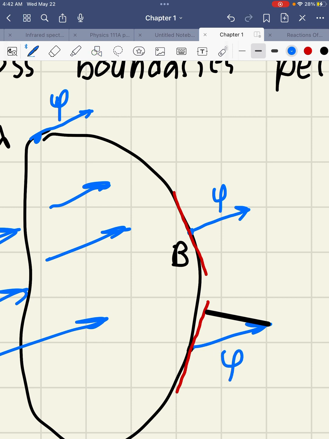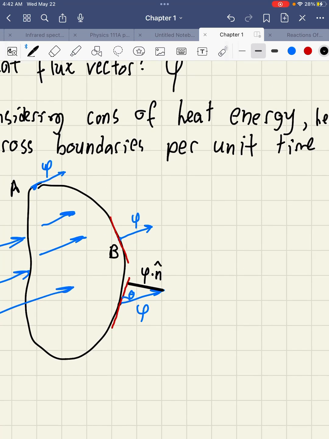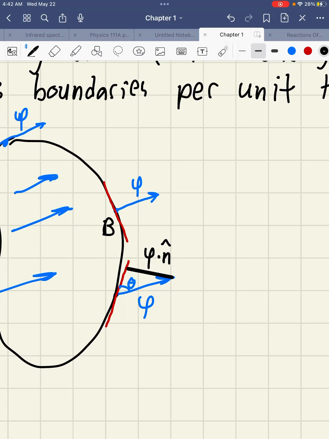This is my angle theta. Now I only care about the normal component, so that's going to be, let me show it in black, my heat flow in the direction of the normal vector. We only care about the normal component, because that's the only component that contributes.